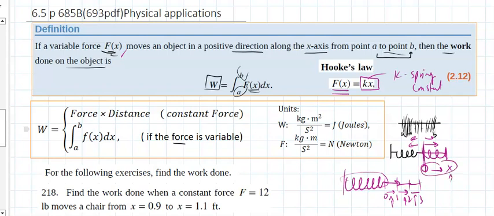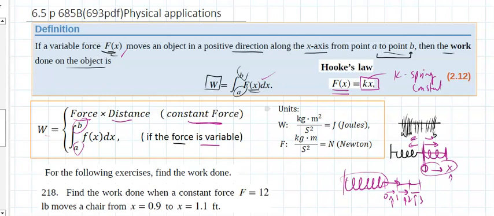Now, if we have a constant force, then we really don't need calculus. Simply, work is the force times the distance, if you're applying a constant force, something that does not require different forces along the way. But if you have a variable force, then you have to integrate from A to B to accumulate all of these different forces required and therefore get the work.